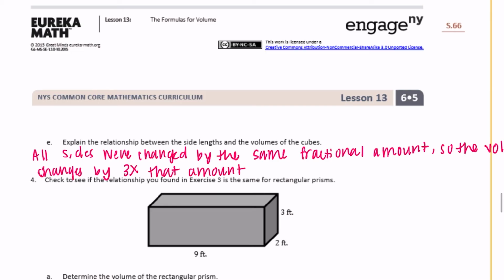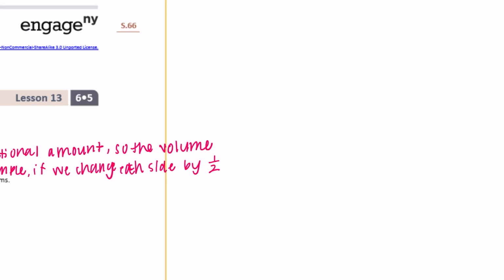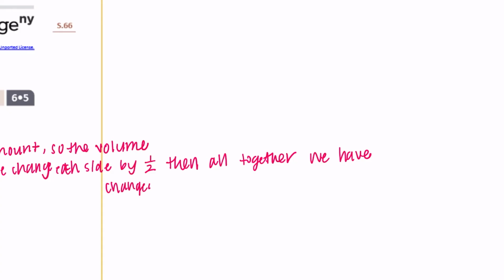So for example, if we change each side by 1/2, then altogether we have, let's say we have changed it by 1/2 times 1/2 times 1/2, or 1/8, because you have to account for all 3 sides.